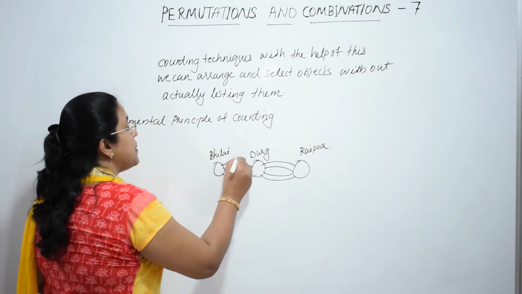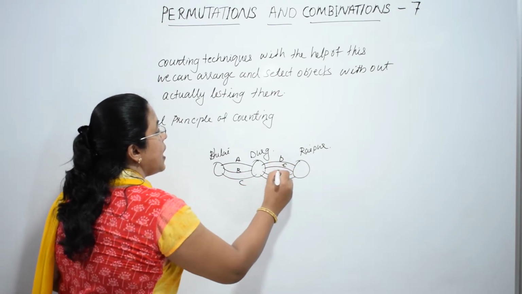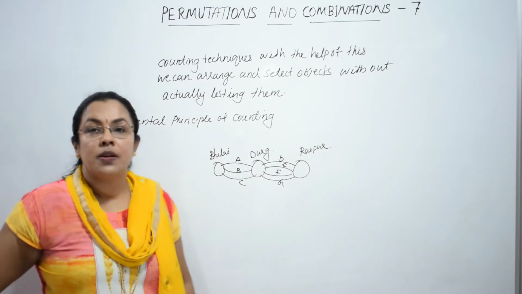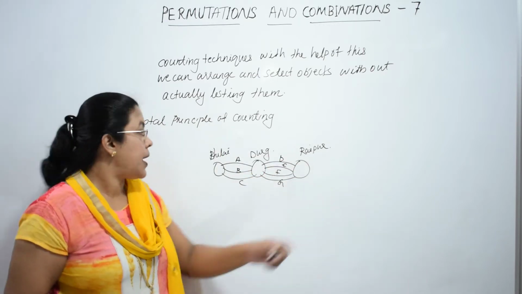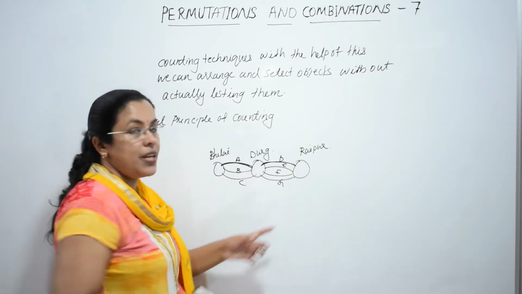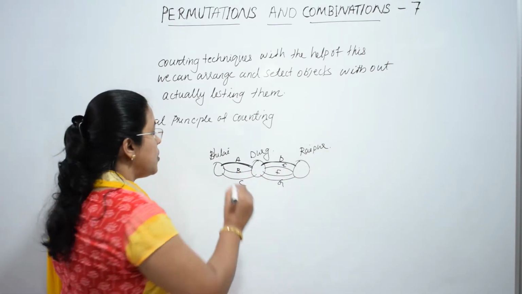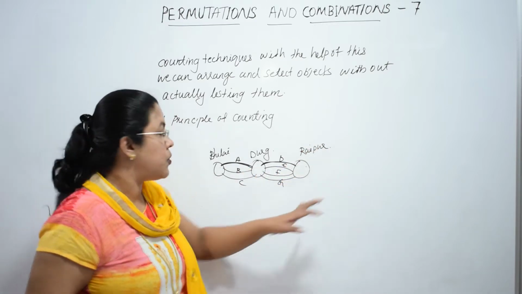Let the routes be A, B, C, D, E, F, G. How many ways can we travel from Bhilai to Raipur? First follow the route A, then the route D, we will reach Raipur. Follow A, then E, then also we can reach Raipur.